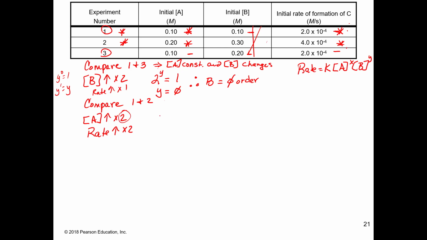So 2 to the x equals 2. X equals 1, because 2 to the first power equals 2. So 2 to the x is 2 to the first, so x is 1. Therefore, A is first order.